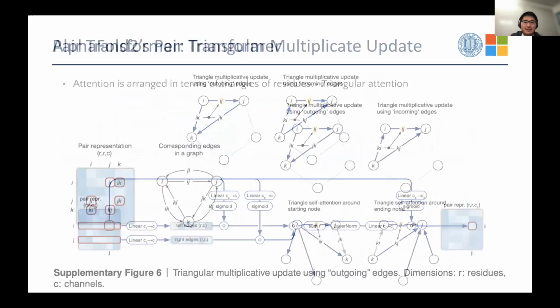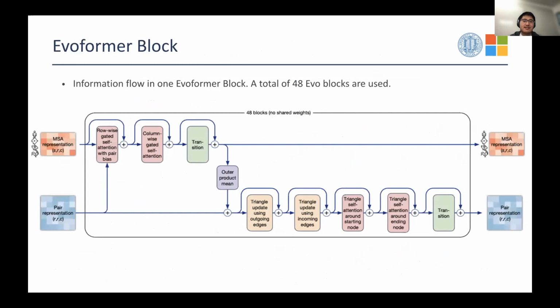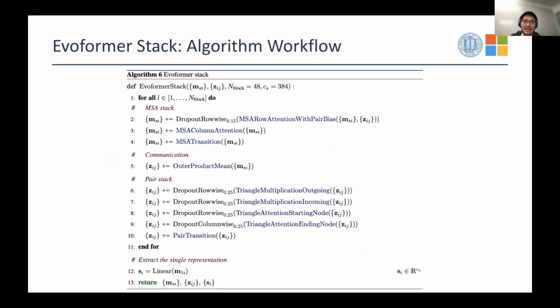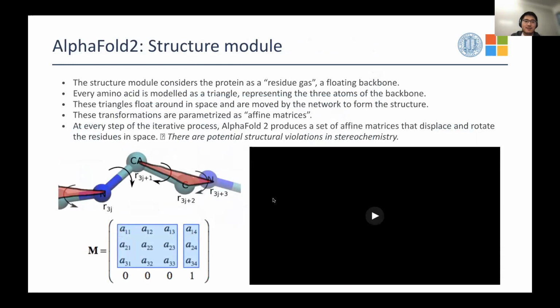And then coming back, as I point out here, this is one block of Evoformer. Evoformer goes through 48 blocks continuously, and then the MSA representation and pair representation are believed to be sufficiently updated after the 48 blocks, and then they go to the structure model.